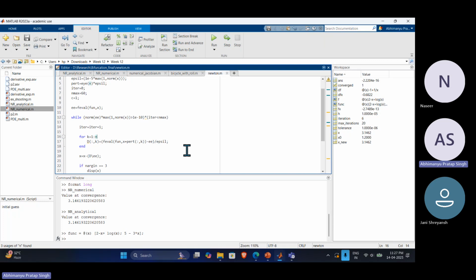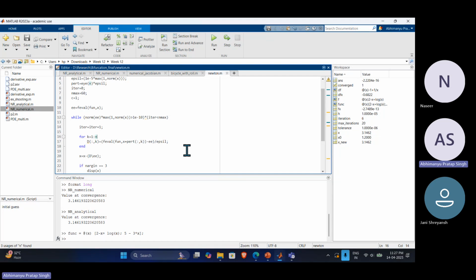For J 1 comma 2, sorry, it's a multi-dimensional case, so that means it should be x comma y, x minus h comma y, x y, x y minus h on h, and similarly for 2 1 and J 2 2.